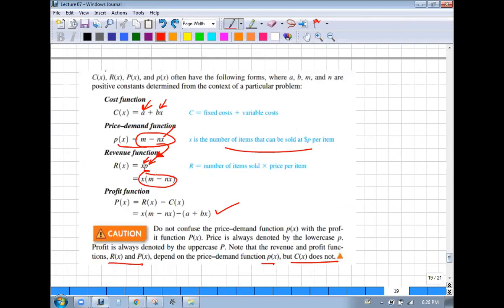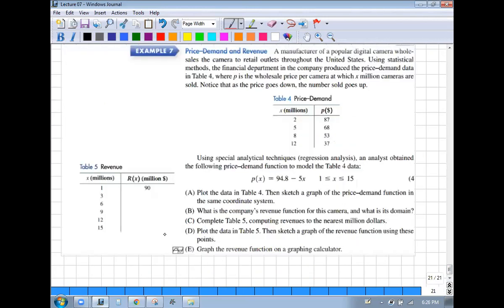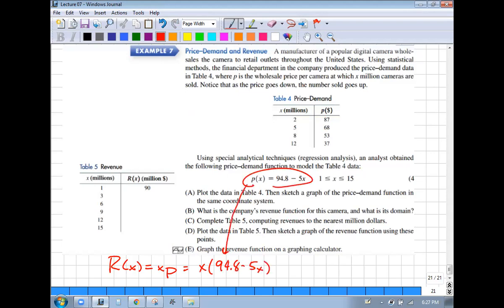R of x is xp, the number of items times the price per item. And here is our price per item. So we would replace p with 94.8 minus 5x. So that's what p is.